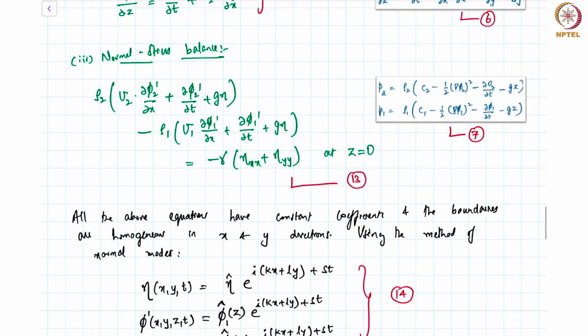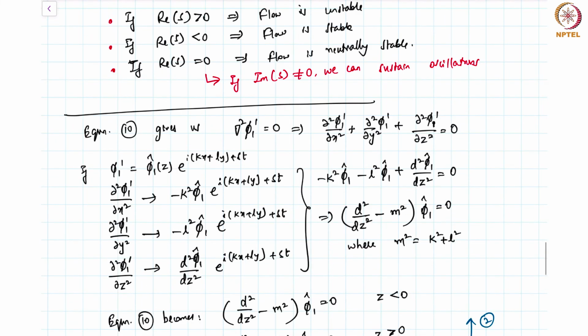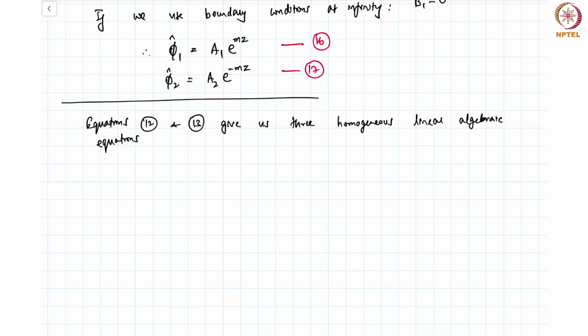Remember, they have three of them. So at 12 we have two equations, and the 13th is the third equation. We have three equations. All these equations are coupled to each other. Three linear algebraic equations for the three unknowns. What are the unknowns in the problem? They are basically eta hat. Now for phi 1, the unknown is a1 and the other unknown is a2 for phi 2.